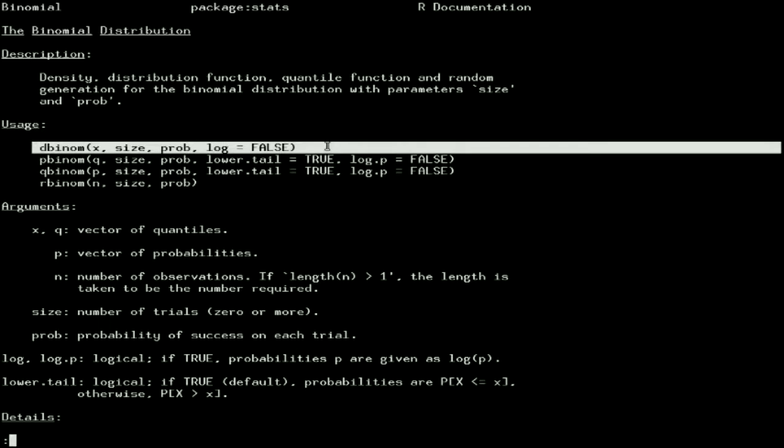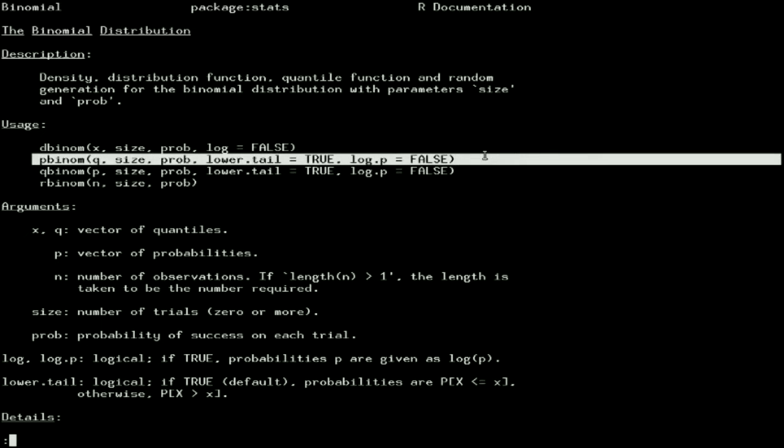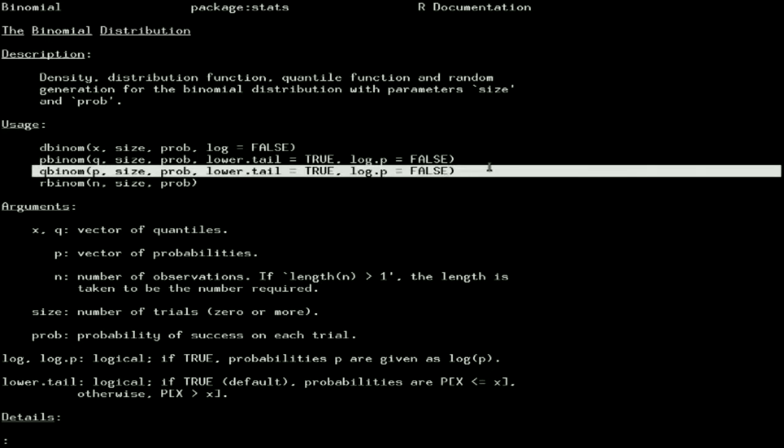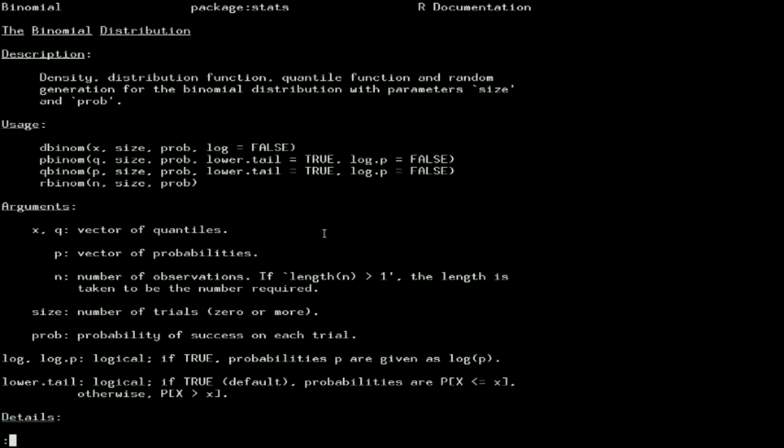So dbinom is for the probability density function. The pbinom is our cumulative distribution function. The qbinom is the quantile function, so it's the inverse function. And then rbinom is for random sampling using binomial distributions.